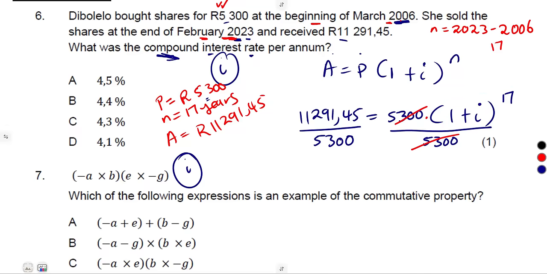For the sake of time, guys, how can we get rid of that exponent 17 there? If, let's say, x squared is equal to 4, you introduce the square root. What about if it is x to the exponent of 3?